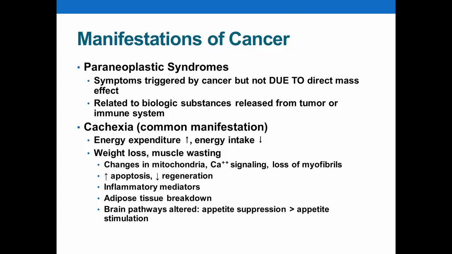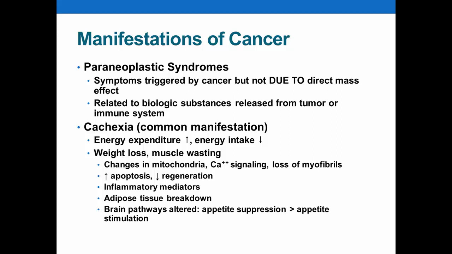So then what actually leads to this weight loss and muscle wasting? Well, we know that there are a number of different things that lead to the weight loss and muscle wasting, the cachexia of cancer. First off, we know that calcium signaling and changes in the mitochondria are actually occurring as a result of the cancer.